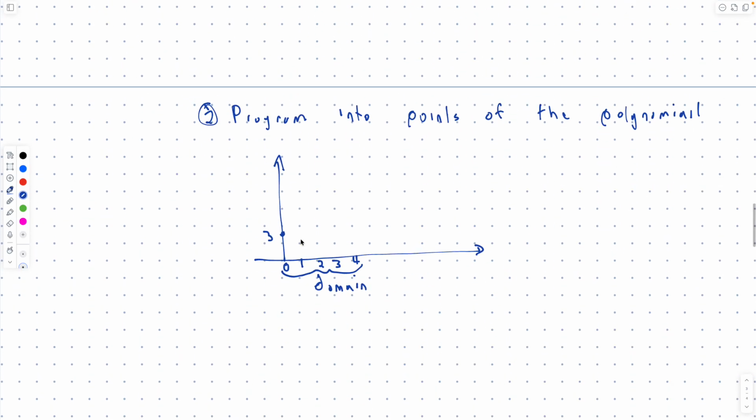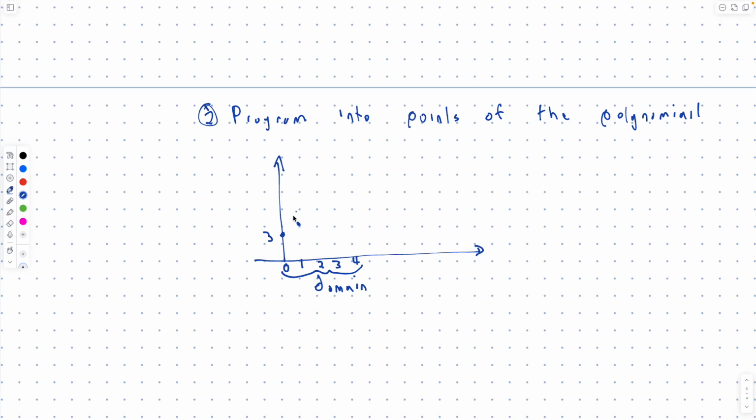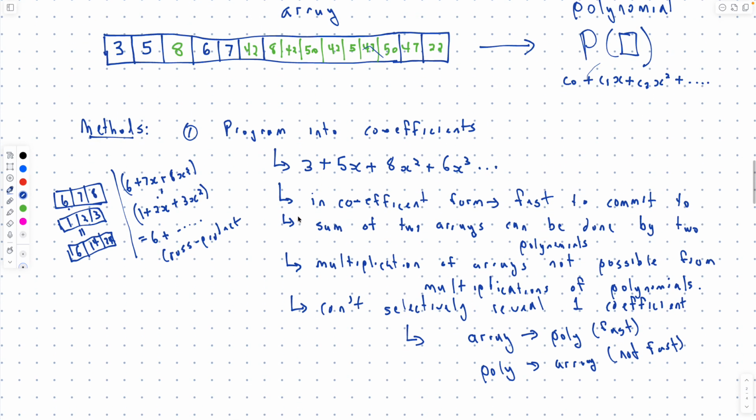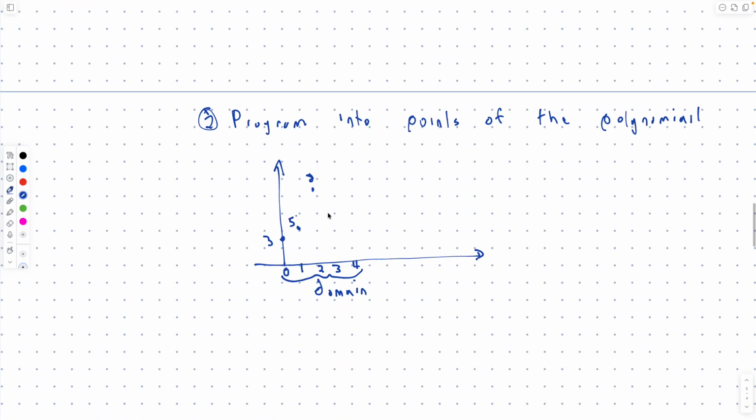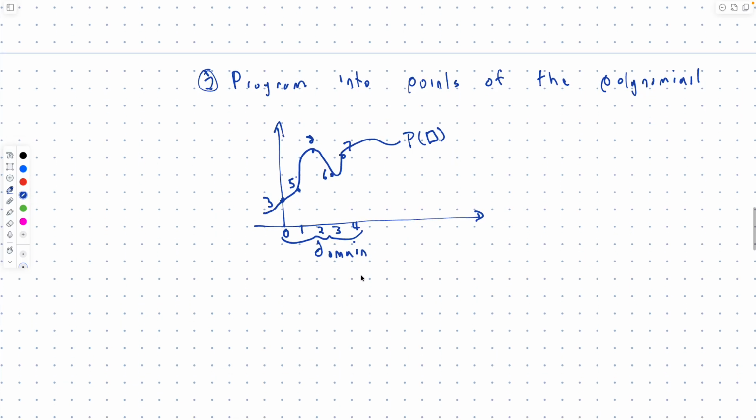My next one is 5, so I put a point here at 5. Then I put a point at 8. Then 6. And a point at 7. And keep going. And then what I do is I interpolate those points to give me a polynomial that runs through those points. And so this is a polynomial. It encodes all of the values themselves.